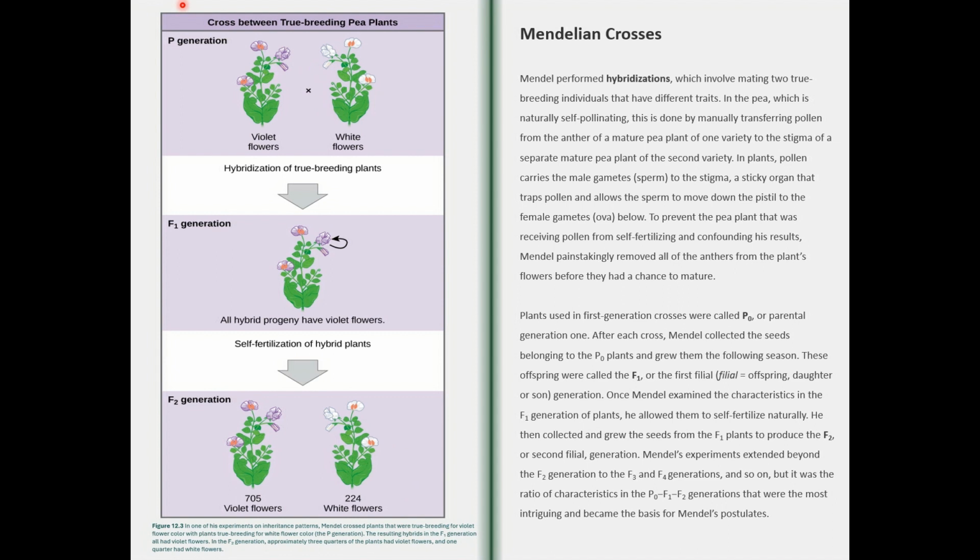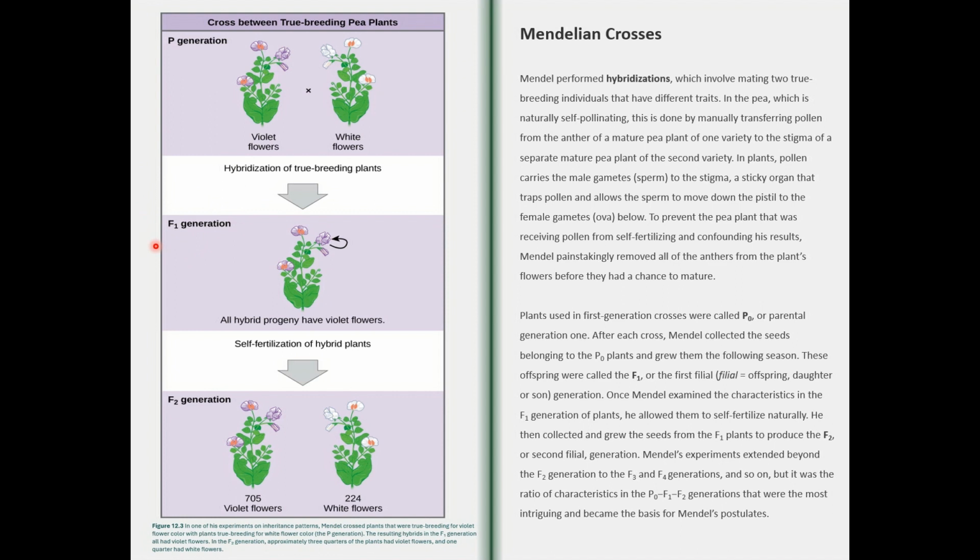Now, plants used in first-generation crosses were called P0, or parental generation 0. After each cross, Mendel collected the seeds belonging to the P0 plants and grew them the following season. These offspring were called the F1 generation, or the first filial, meaning offspring, daughter or son, generation.